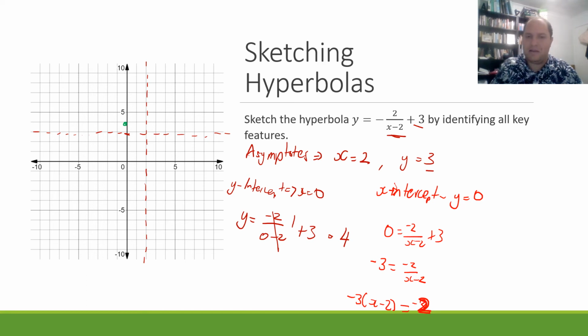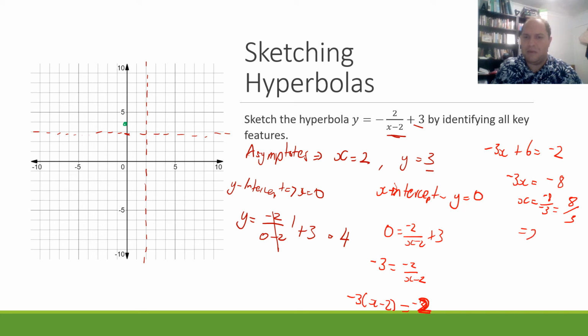Then continuing, I might just expand that, that might be easiest. -3x plus 6 equals -2. -3x equals -8. x equals -8 over -3, which is just positive 8/3.